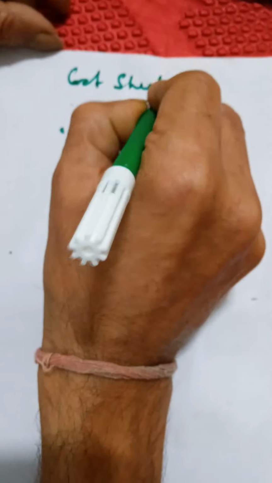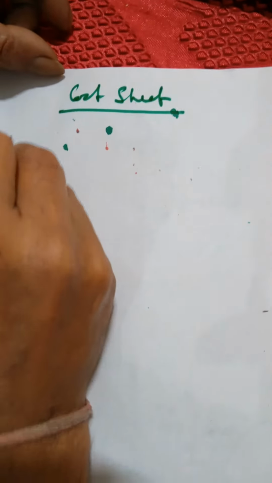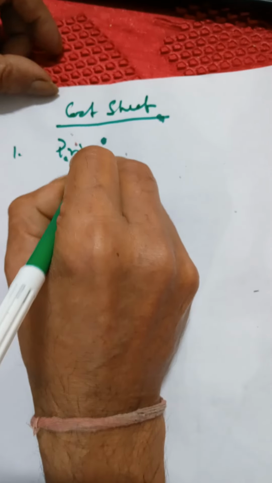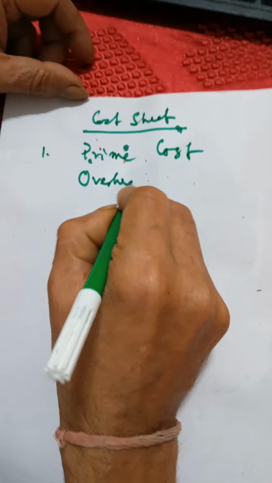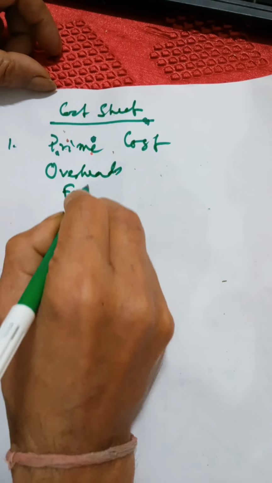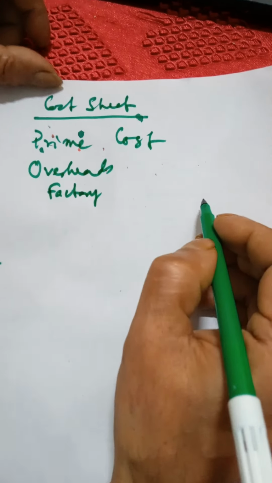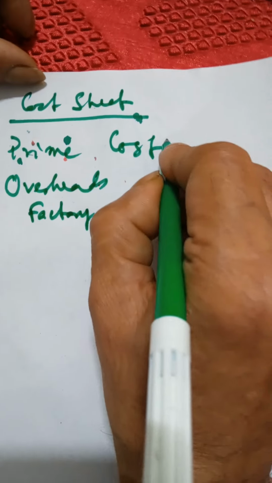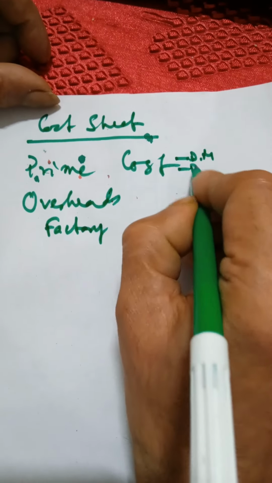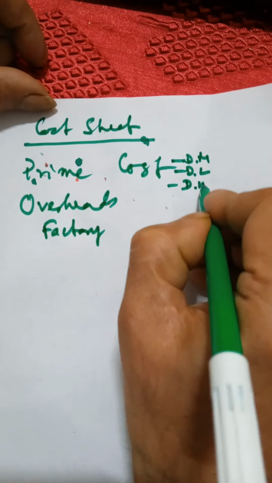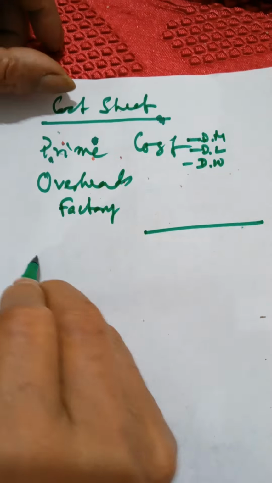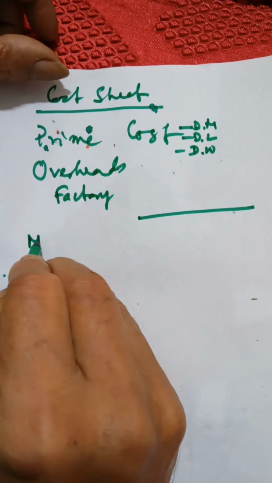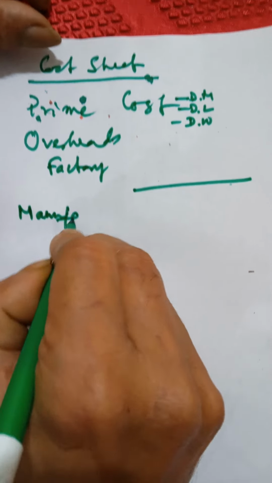If we prepare a cost sheet, number one comes prime cost, then factory, under this comes direct material, direct labor and direct wages, and if we add these we come to manufacturing overhead.